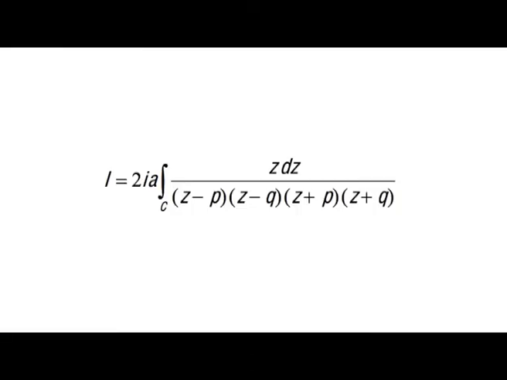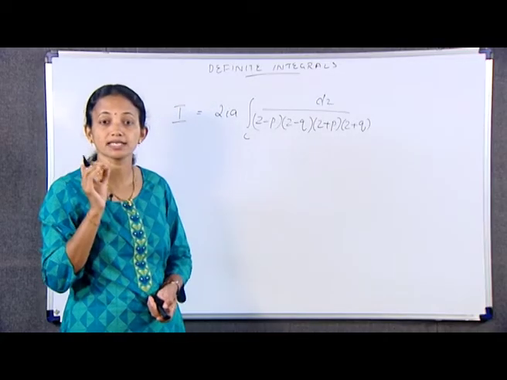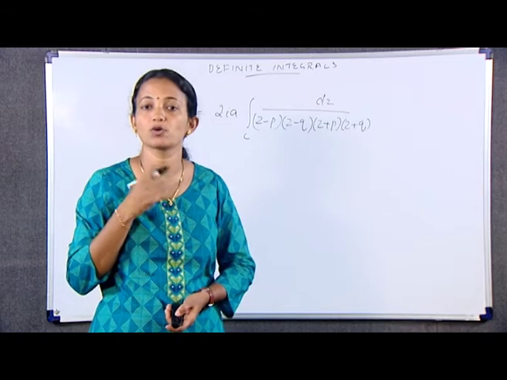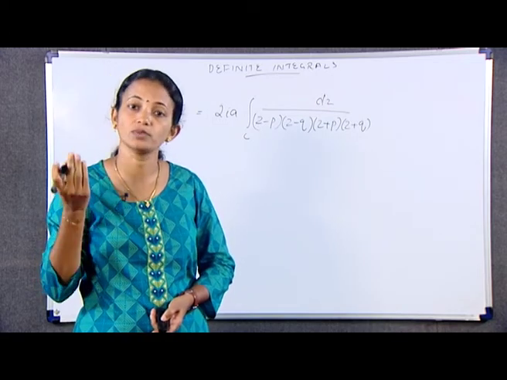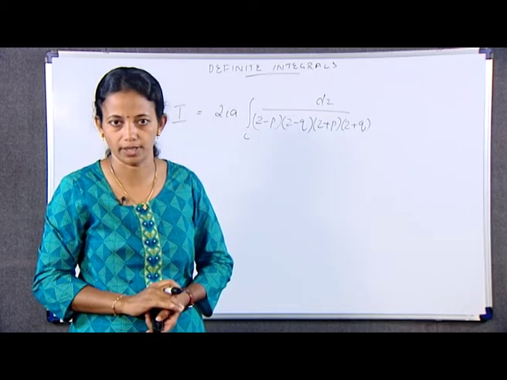That is, I is equal to 2iA integral over C dz by z minus p into z minus q into z plus p into z plus q. The points z is equal to q and z is equal to minus q lie outside the circle mod z is equal to 1.